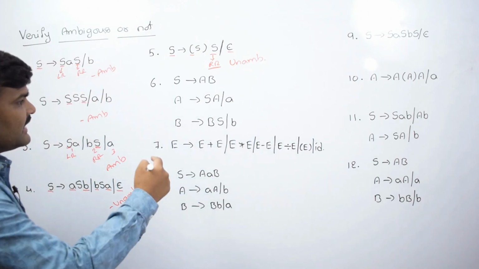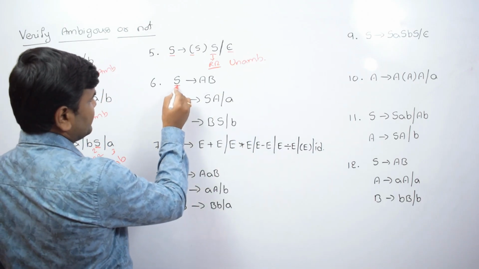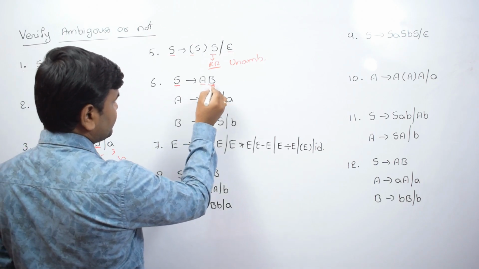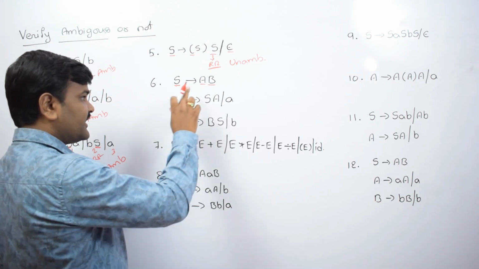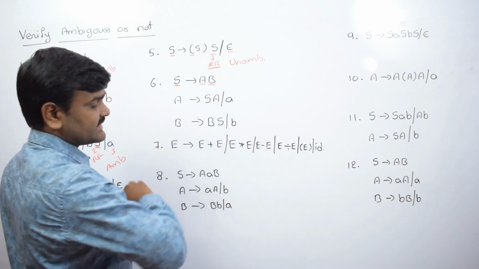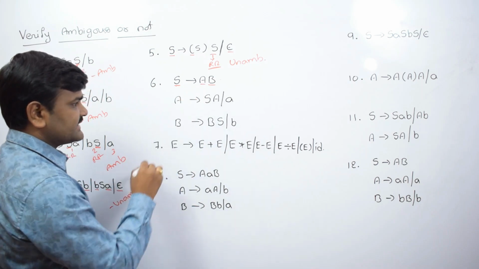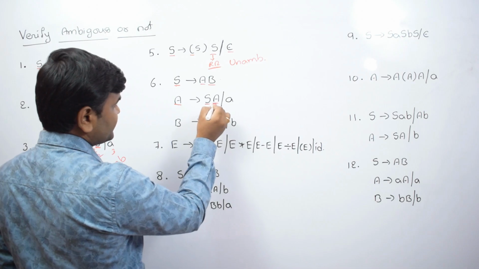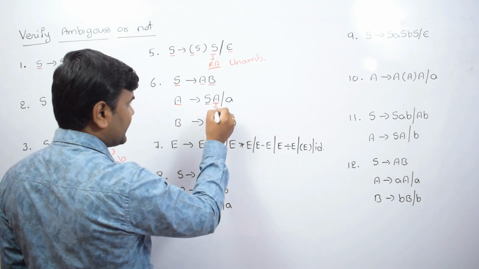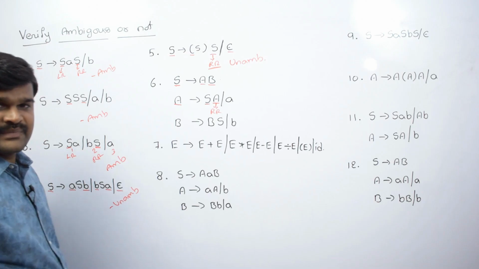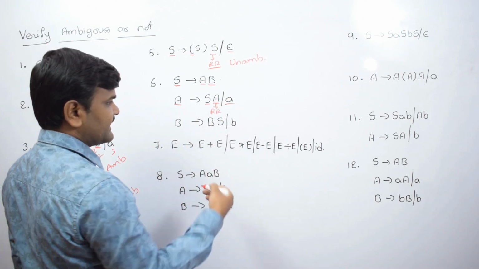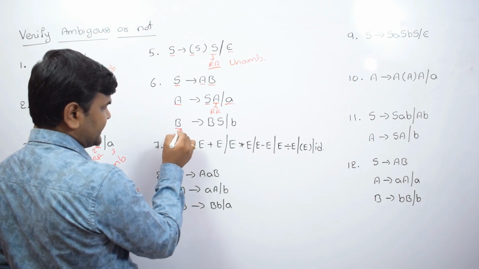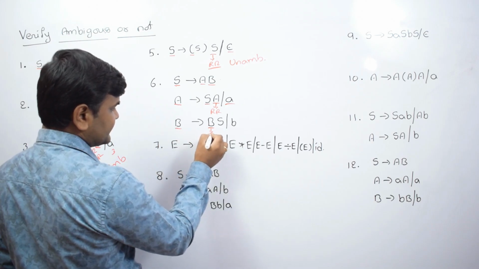Now, in this example, in this production the first variable is not S and the last variable is not S, so there is no left or right recursion in this production. Coming to the next production, A is not in the first position but in the last position, so here we have right recursion. Now here B is the LHS variable and B is in the first position, so this is left recursion.